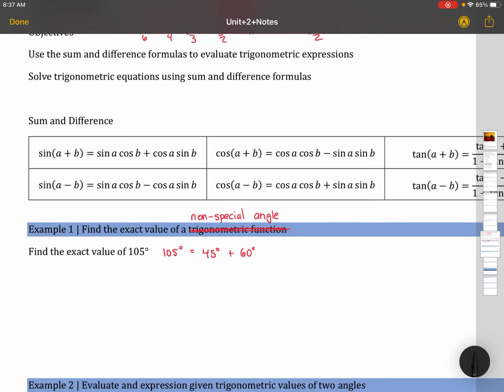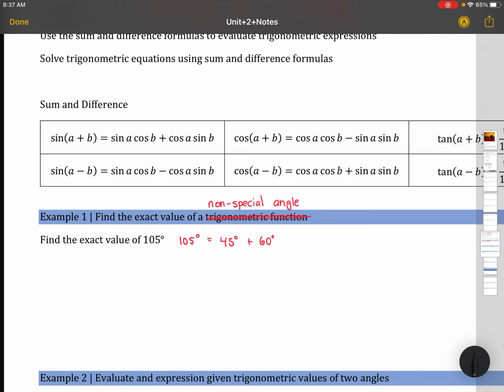105 degrees. So if we did sine 105, we're going to have the sine of 105 degrees. Now, according to our formula, let's label these 1, 2, 3, 4, 5, and 6. The sine of a sum is going to use formula 1.